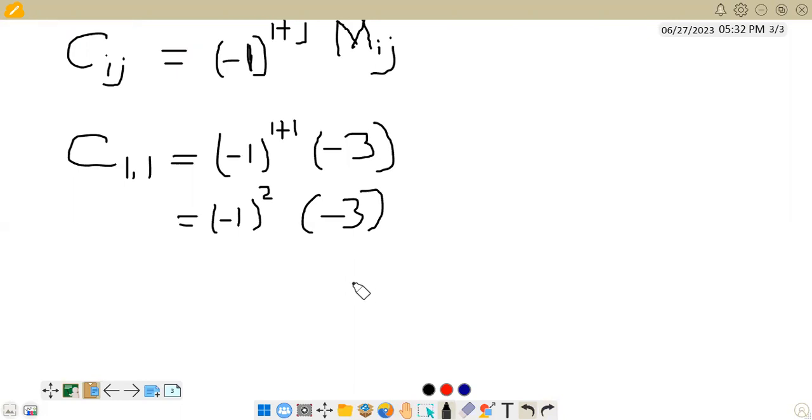Yeah, so tikatere ndeti tikwena tipeze kuti kodi -1 to the power 2 ndi chani. So here what it means is negative 1 to the power 2 ndeti si negative 1 times 1 which is 1 times negative 3 which is equal to negative 3. So this is the cofactor of row 1 column 1.